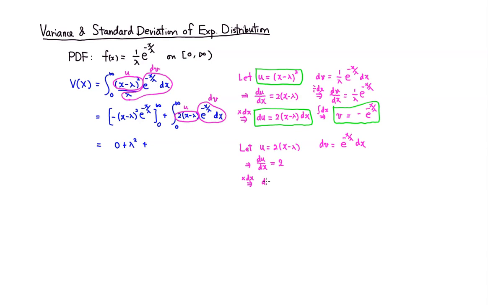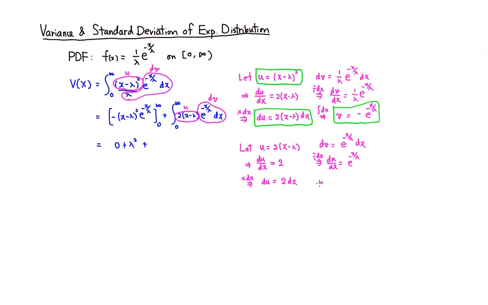So you have du is equal to 2 dx. And here, we're going to divide through by dx. We get dv over dx is equal to e to the negative x over lambda.